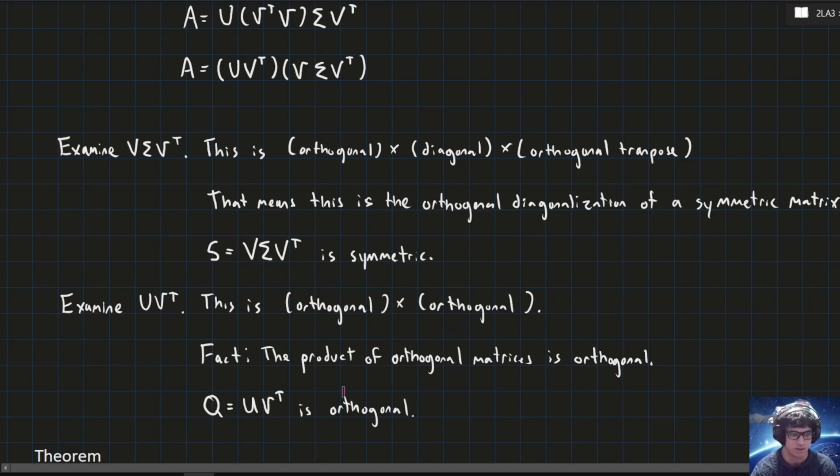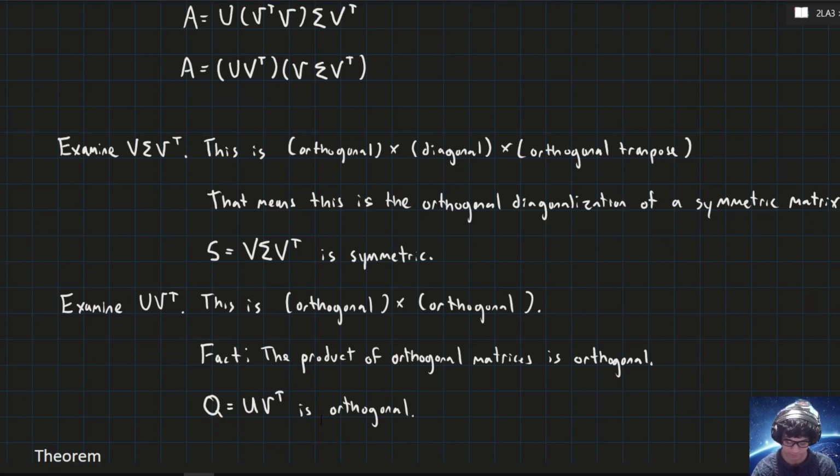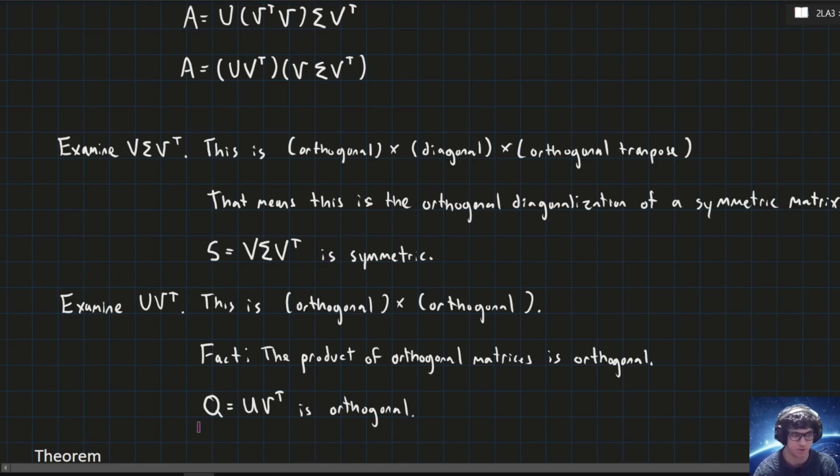So this first factor here is going to be an orthogonal matrix, and we'll label it Q. So this construction of Q and S actually gives us a nice factorization of A. Remember this part is Q, this part is S, so A is Q times S.